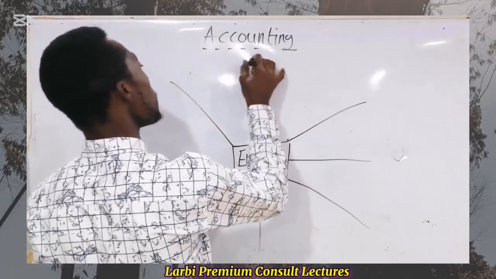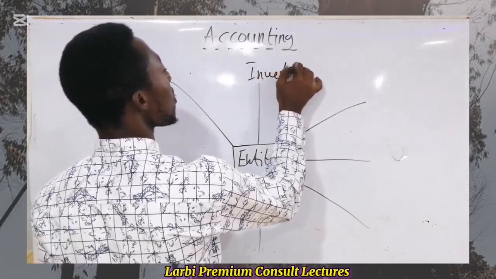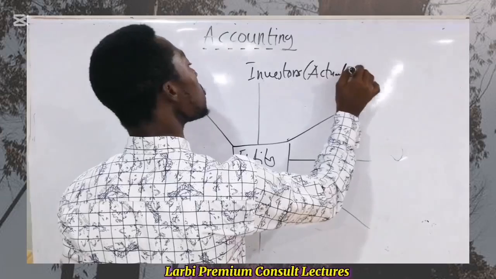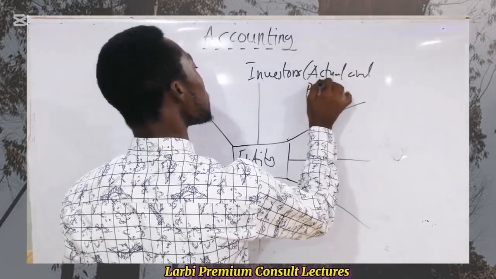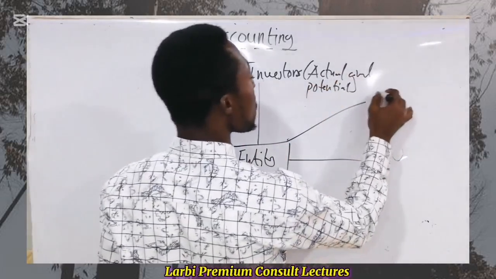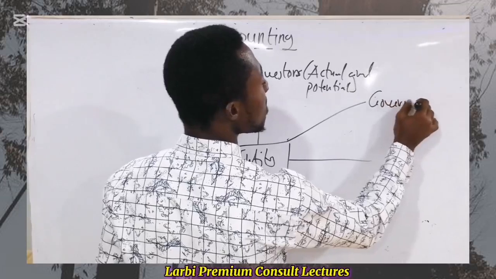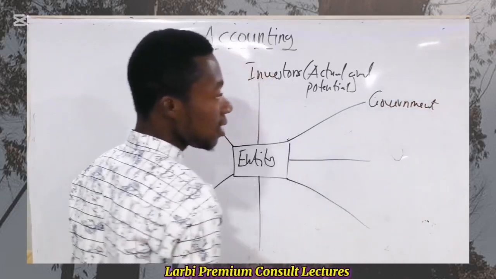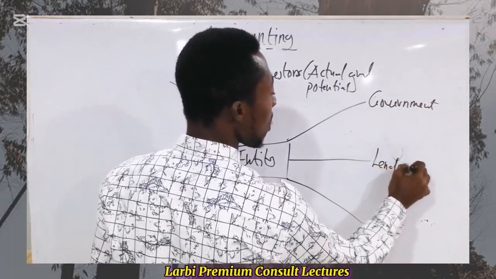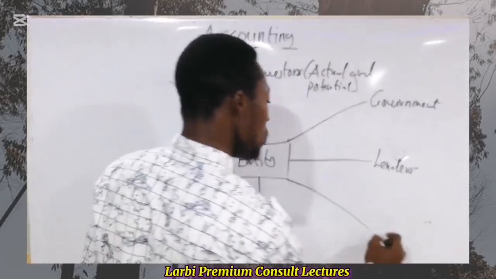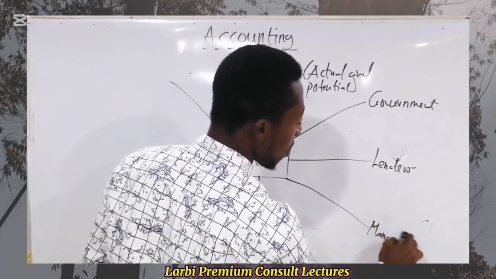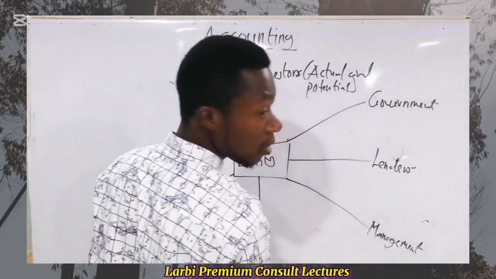So here we have investors, meaning actual and potential investors. You may have government here. You may also have lenders, and management or managers.